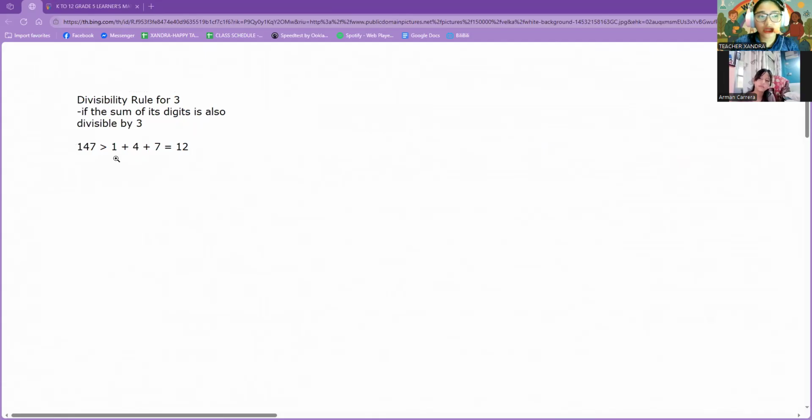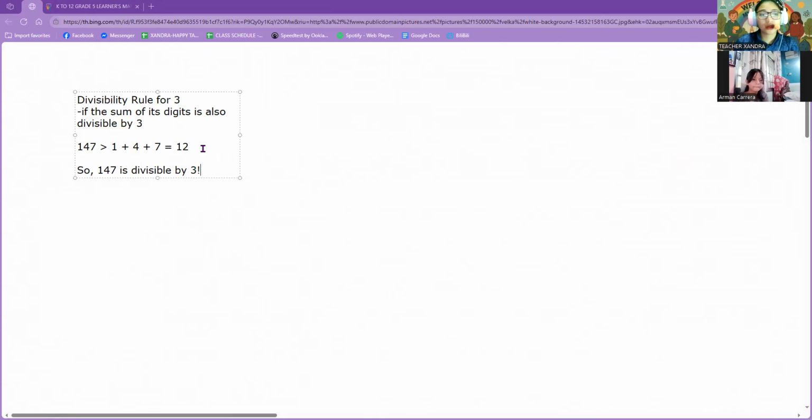If the sum of all these digits is 12, now you check if that 12 is divisible by 3. Yes, because 12 divided by 3 is 4. So there's no remainder. So 147 is divisible by 3.